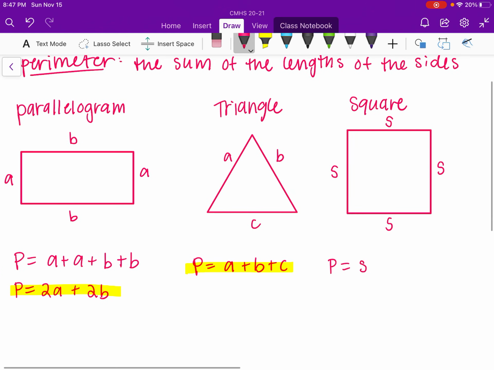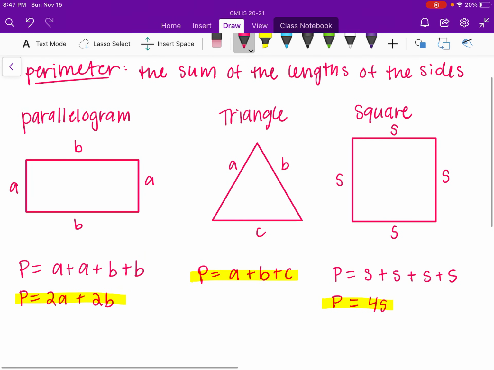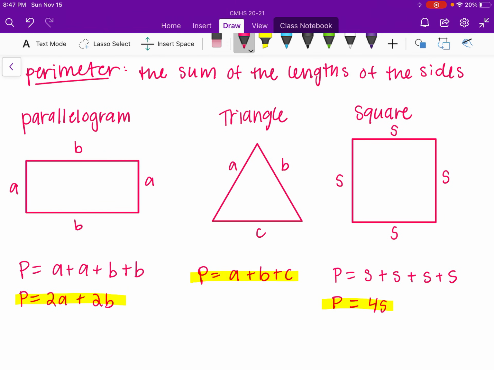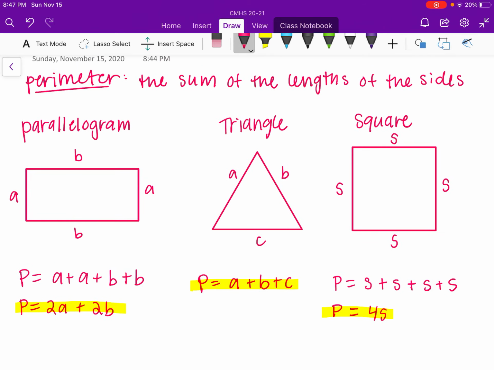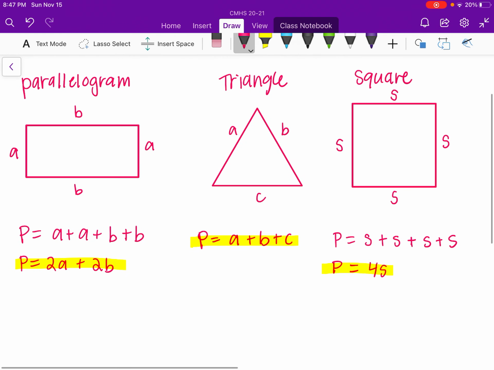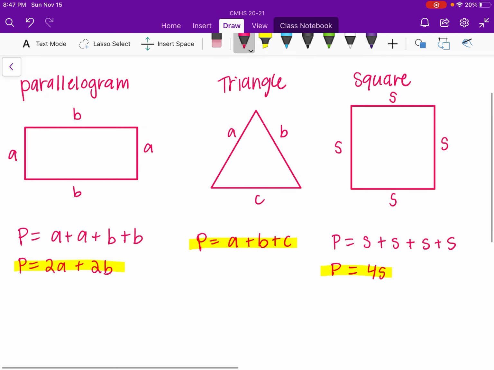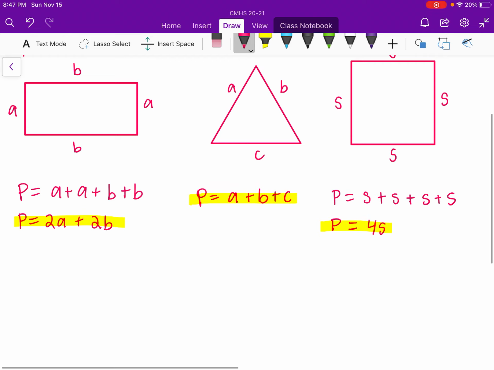Here, if we add all the sides up, S plus S plus S plus S, we can combine these as well since there are 4 S's. 4 times S. This is the more well-known formula. So since I made 2 formulas for some of them, I highlighted the most common one. I'm pretty sure this is a review for most of you because we learned about area and perimeter a long time ago. So I'm going to move a little bit on to circles.